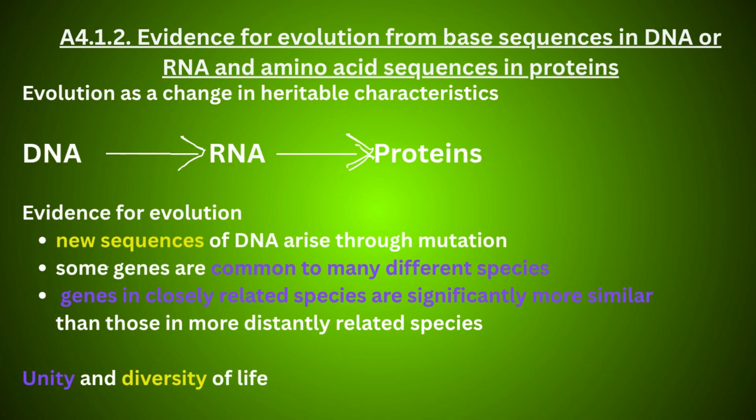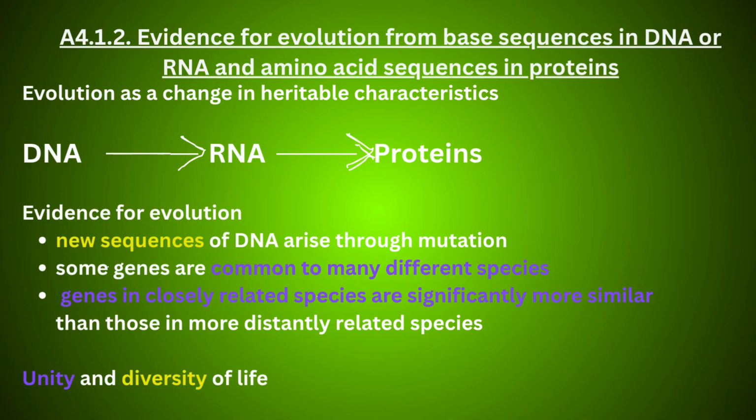Now, when we discuss evolution as a change in heritable characteristics, we must make a direct link to DNA. DNA is that remarkable molecule responsible for storing and transmitting hereditary information from one generation to the next.